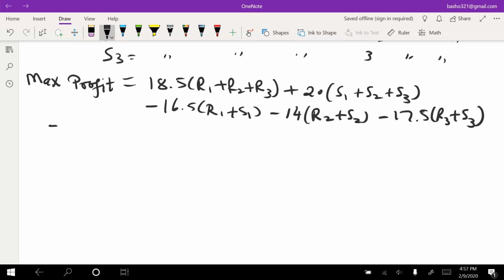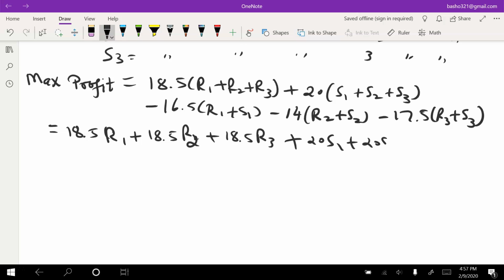So this will simplify as 18.5 R1 plus 18.5 R2 plus 18.5 R3 plus 20 S1 plus 20 S2 plus 20 S3 minus 16.5 R1 minus 16.5 S1.